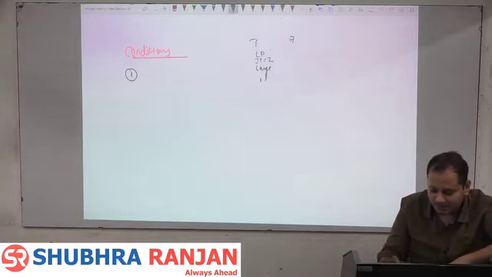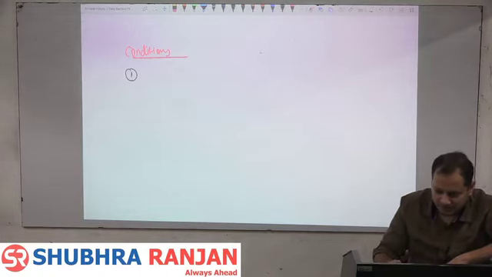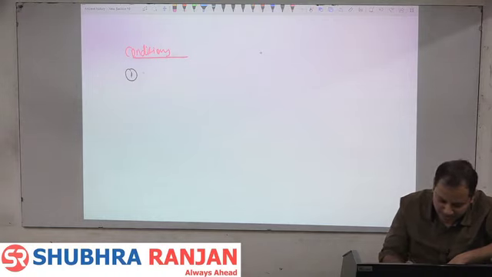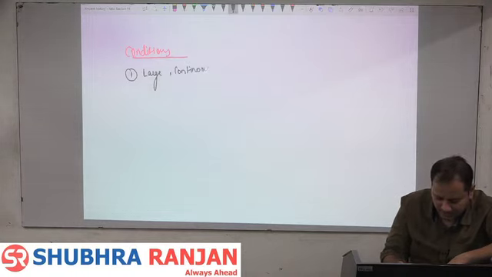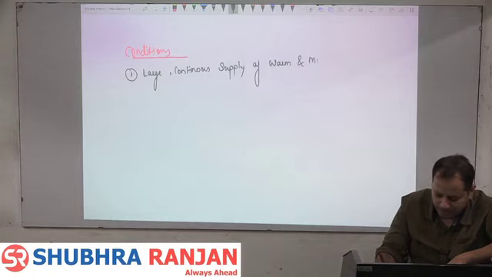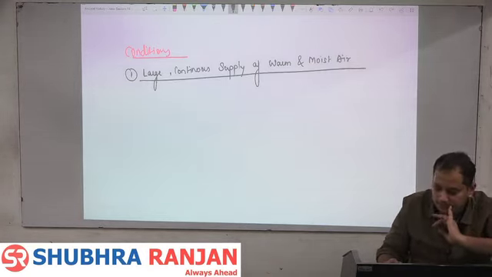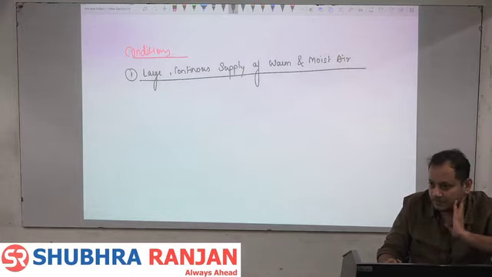So you can see here, in the first diagram all these conditions are there. So the first condition is a large continuous supply of warm and moist air. Right?